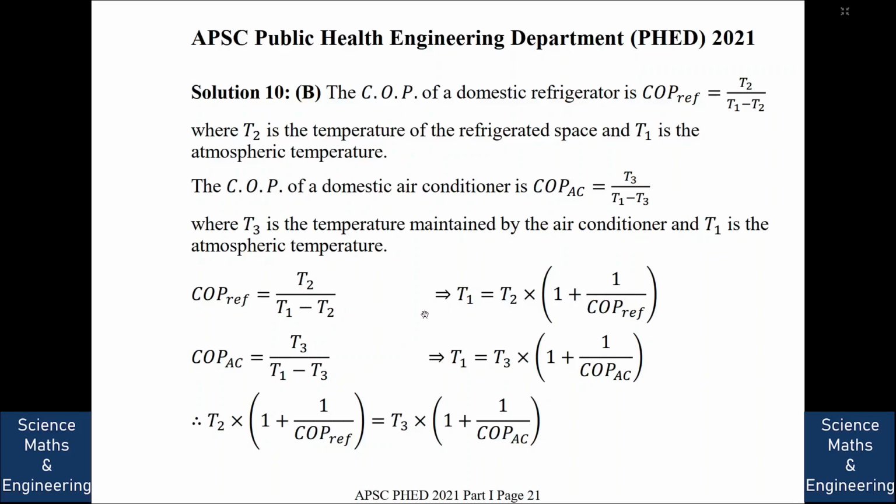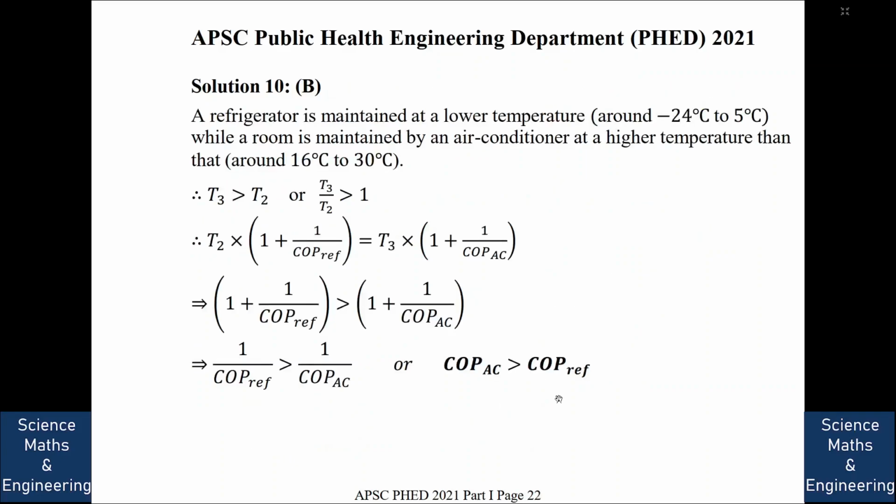Now from this we can find T1 is equal to T2 into 1 plus 1 by COP of refrigerator, and T1 is also equal to T3 into 1 plus 1 by COP of AC. Now if we equate both T1, we get T2 into 1 plus 1 by COP of refrigerator is equal to T3 into 1 plus 1 by COP of AC.